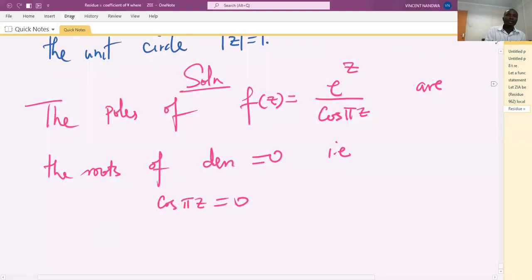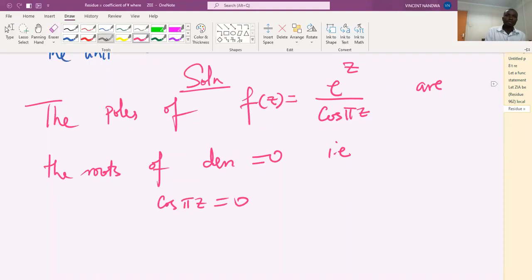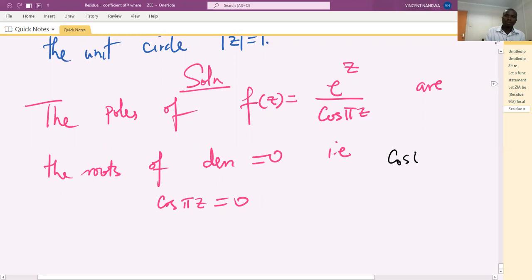And you see, when you have a cos function, cos theta is 0 if and only if this theta is the angle n pi over 2, where n is an integer.